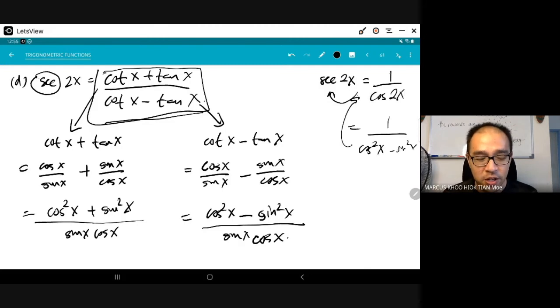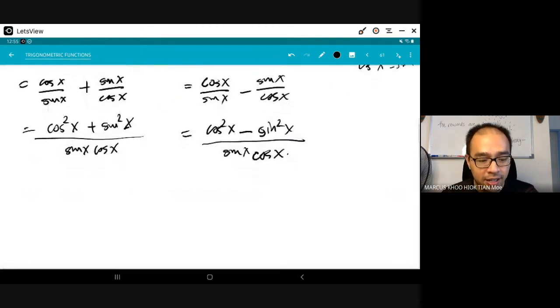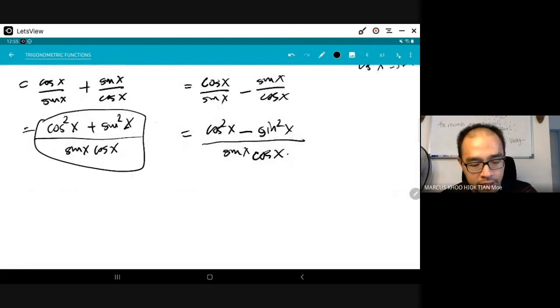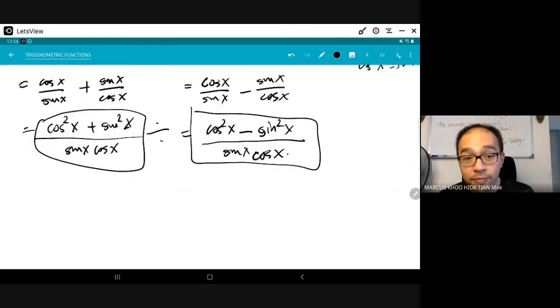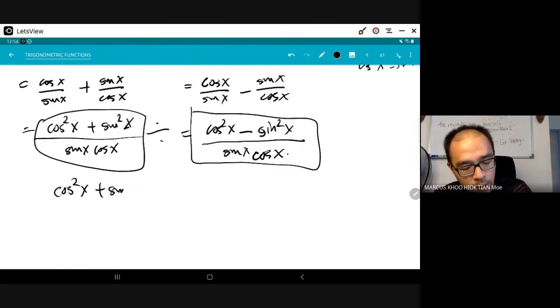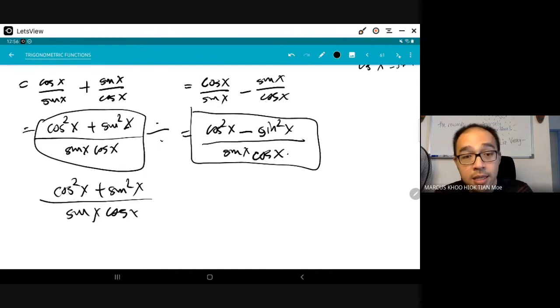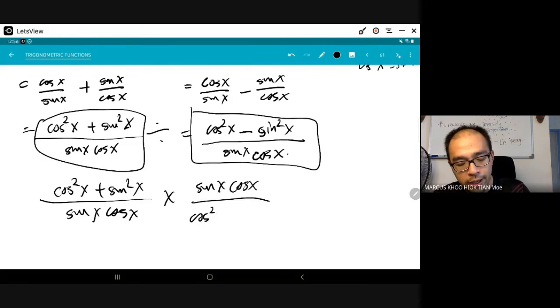Okay, so now that we have both together, let's bring it all in. This divided by this. So cos squared x plus sine squared x over sine x cos x. Since it is divide, when I flip it around, I will get multiply: sine x cos x over cos squared x minus sine squared x.